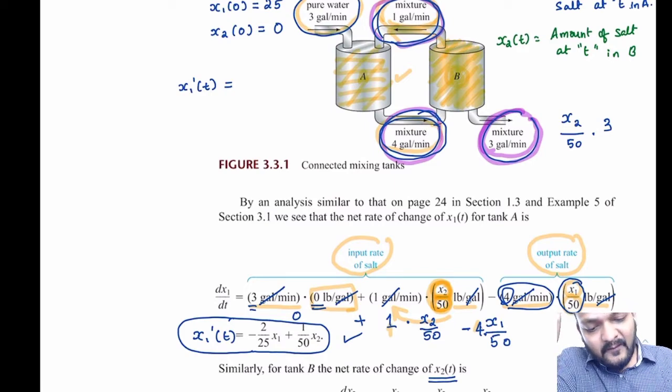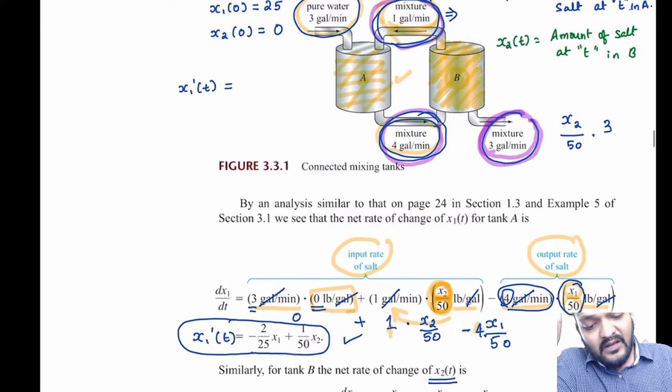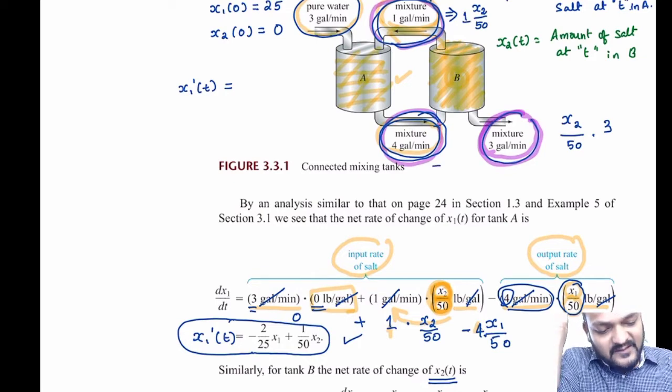And it's losing here also, by the way, whatever the current concentration divided by 50, 1 gallon. This is negative because it's losing.